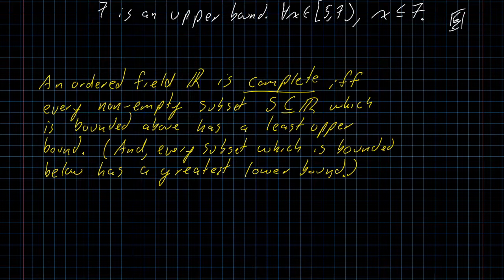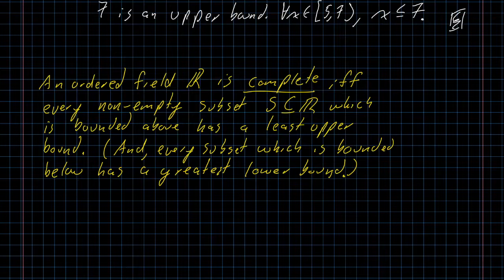An ordered field is called complete if and only if every non-empty subset of that field, which is bounded above, has a least upper bound. And again, it's beyond the scope of the course, so I'm going to state it without proof.